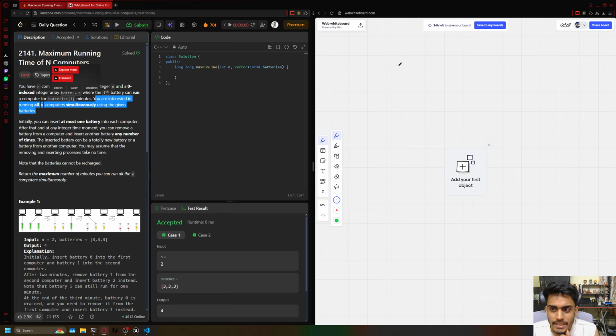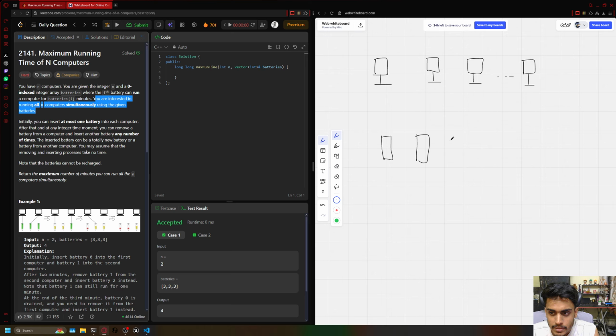Basically, we have been given some n computers, and we have been given some batteries, let's say some k batteries.